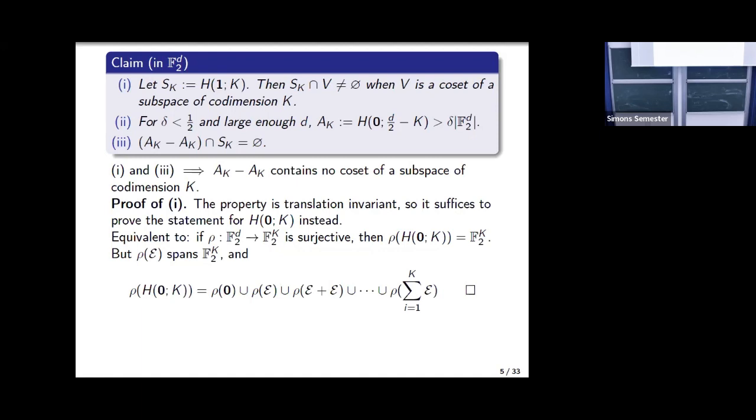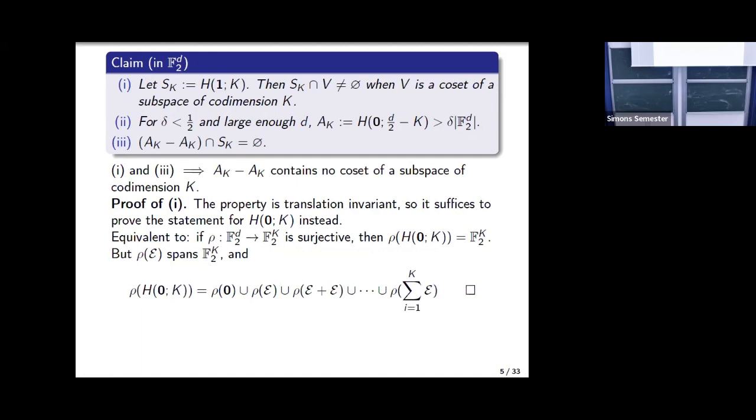So, that condition is easy to check because rho of E spans F2 to the K. And we also said on the previous slide, the Hamming ball of radius 0 around K is just 0 union E plus E, and so on up to however many sums you're looking at.